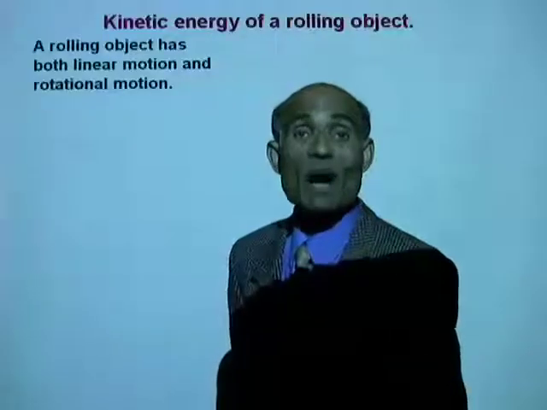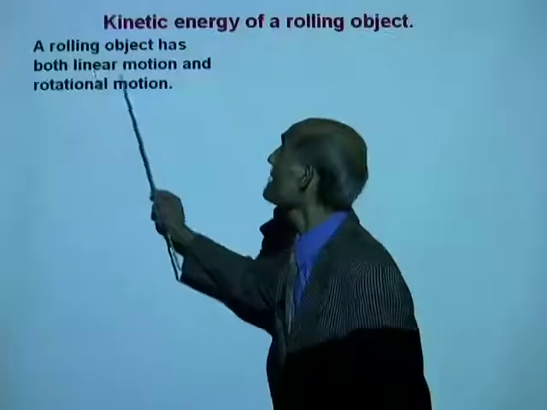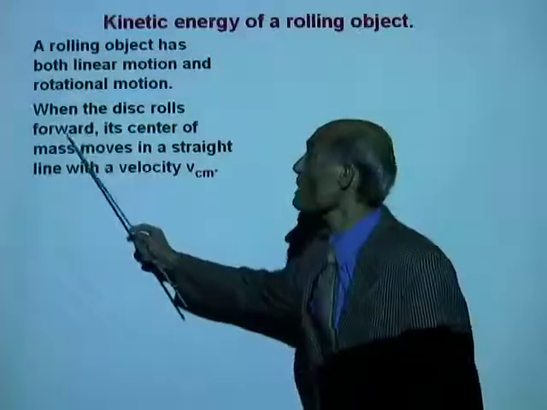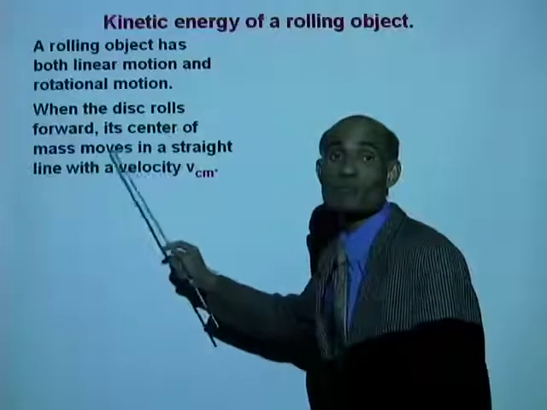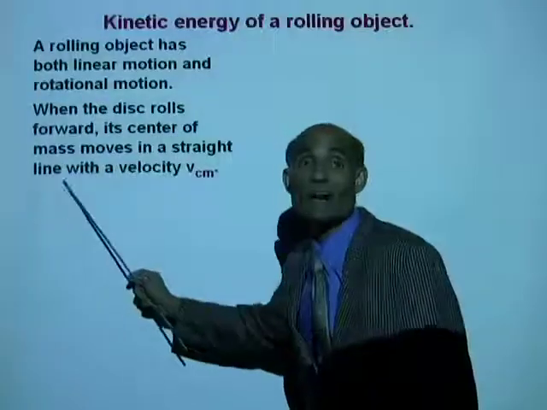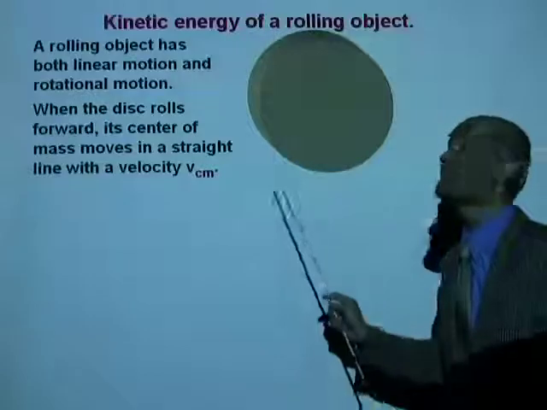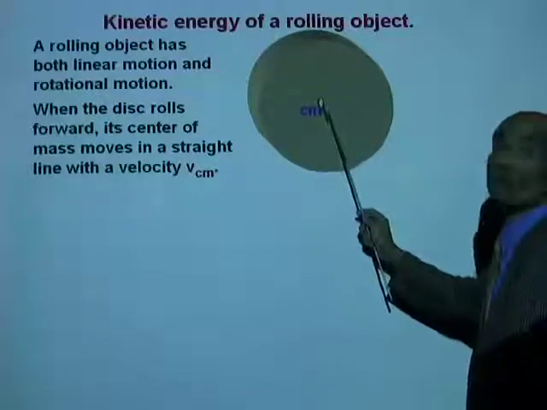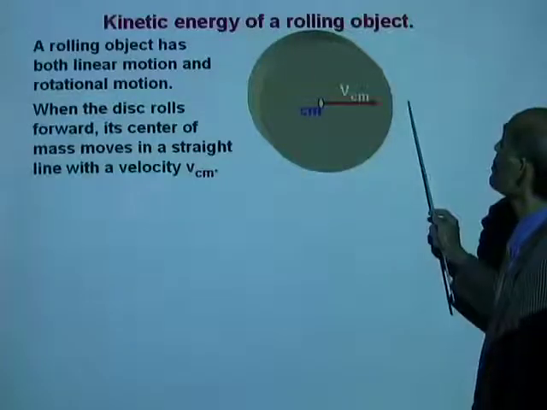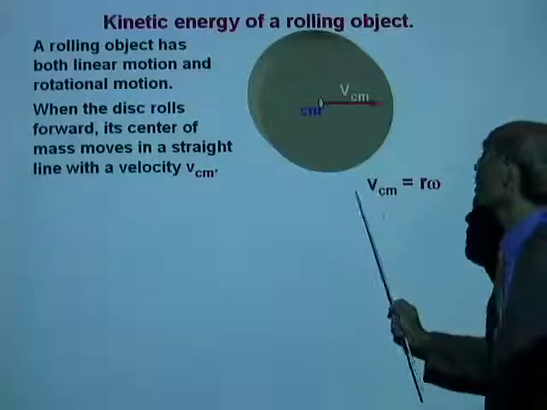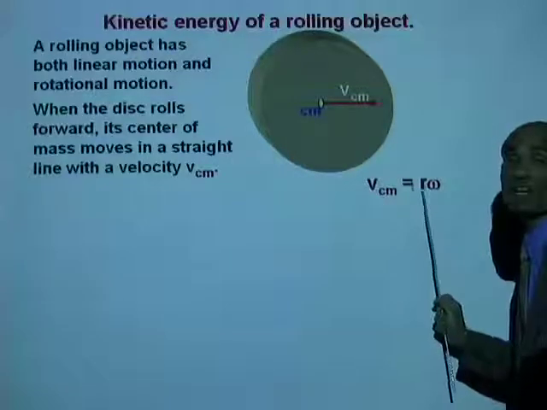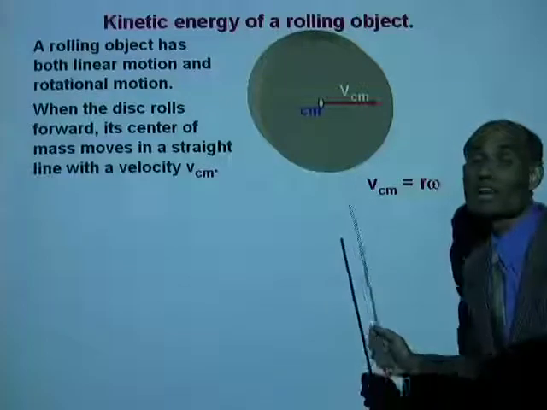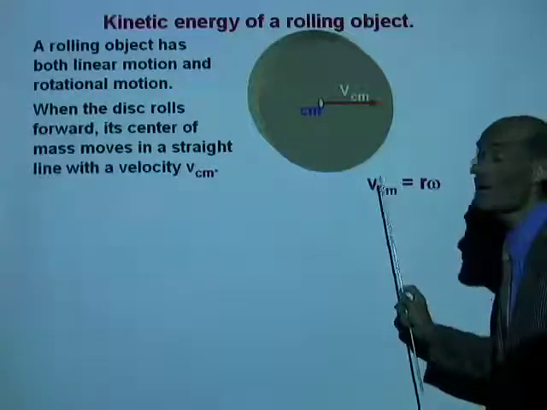So a rolling object has both linear motion and rotational motion. When the disc rolls forward, its center of mass moves in a straight line with a velocity v center of mass. So if this disc is rolling forward, its center of mass will move forward with a velocity v center of mass equal to r omega. Are you familiar with that equation? Yes, v equal to r omega.